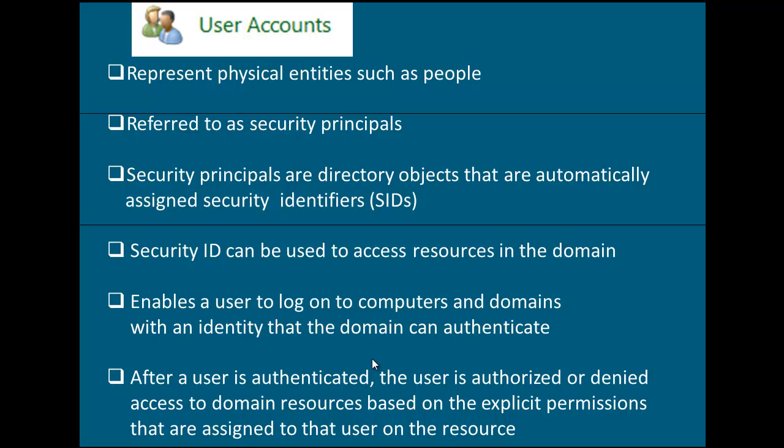If the user has a username and password in Active Directory, the user is going to be granted access to the domain. But still, the user will not be able to access any resources unless you, the administrator, explicitly set permission on that particular folder or file or printer, giving that user access.